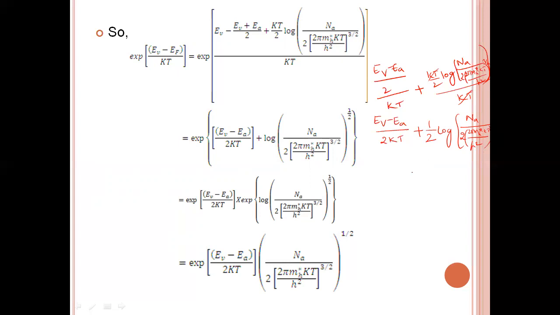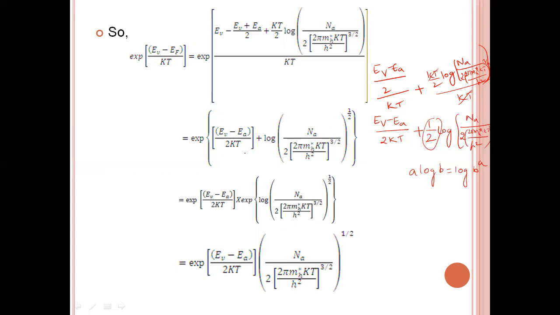So this is like A log B is equal to log B power A. So you can take this 1 by 2 onto the power. The equation will be shifted like EV minus EA by 2 KT plus log of the constant term power 1 by 2.